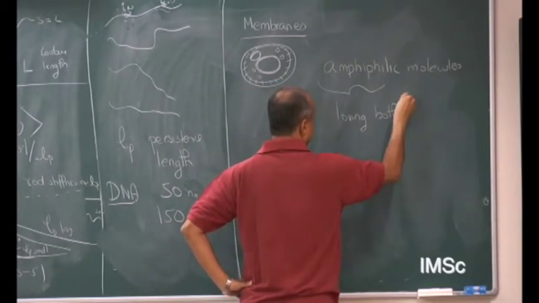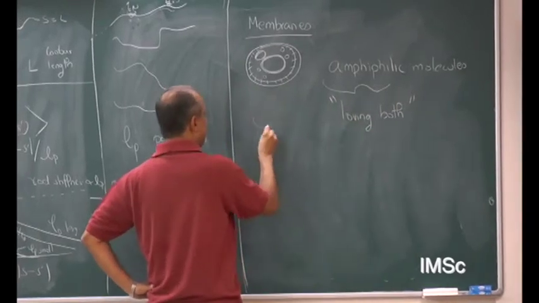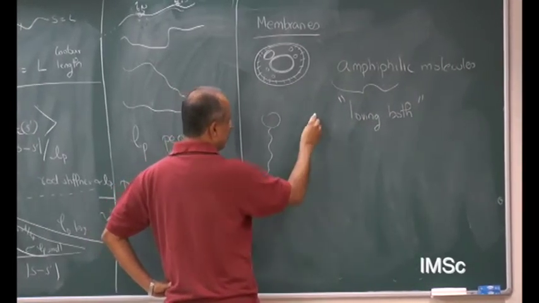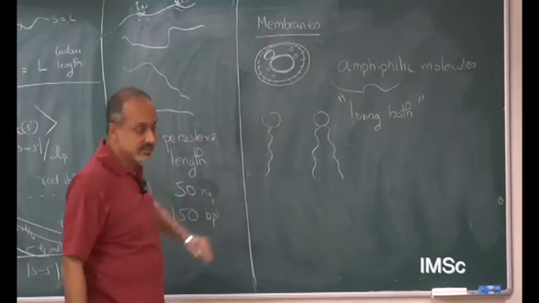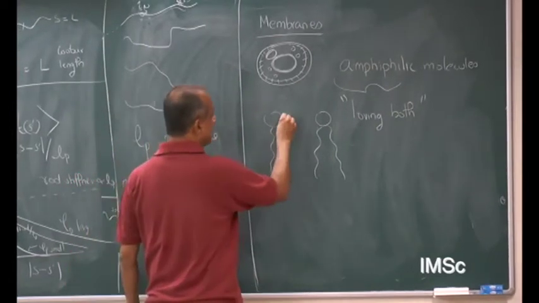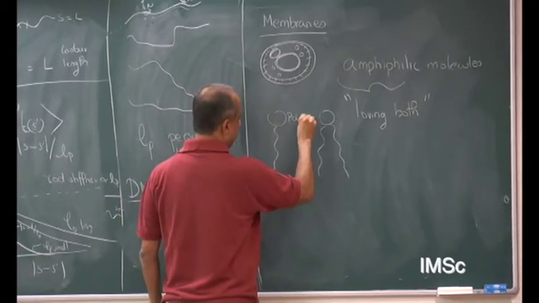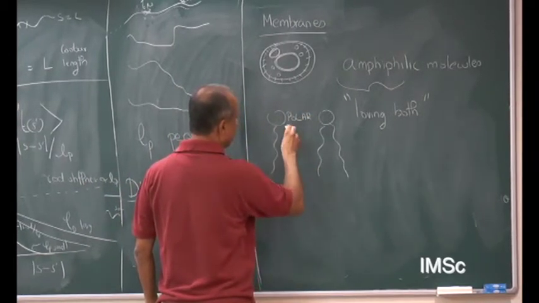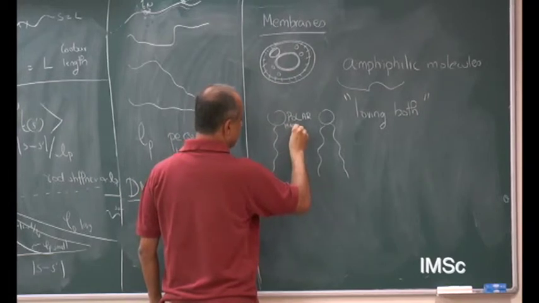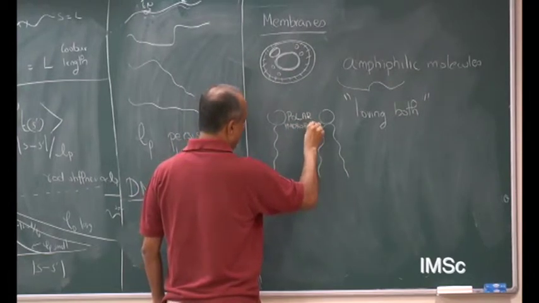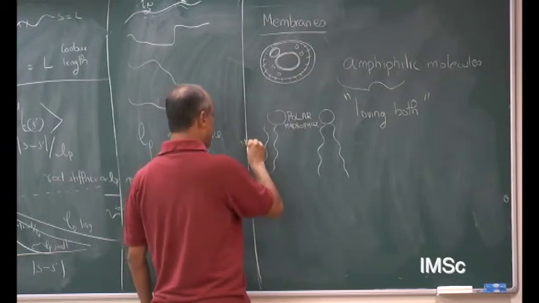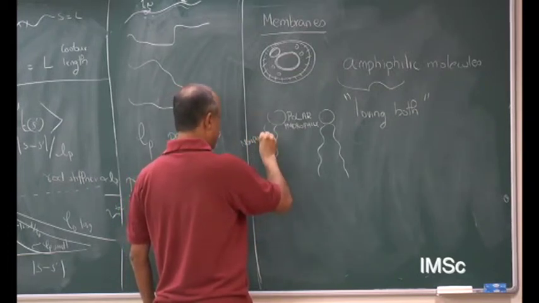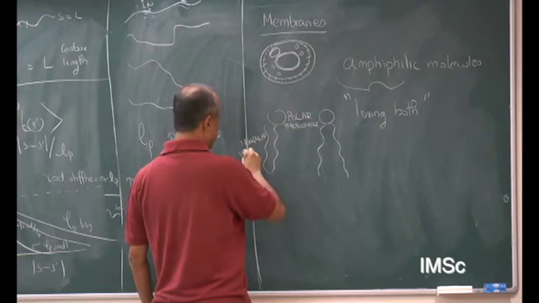So it's a molecule that typically has a head group and a tail group, and can either have a single tail or double tail. And the loving both refers to the fact that the head tends to be polar and hydrophilic for that reason, whereas the tail groups tend to be non-polar, hydrocarbon tails, and hydrophobic, which means they don't like water.